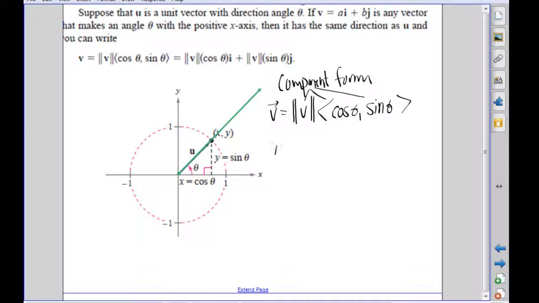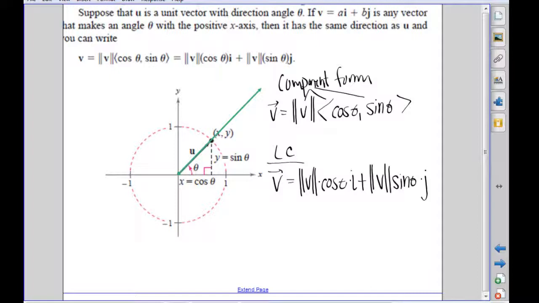As a linear combination though, vector v is equal to the magnitude of vector v times cosine of theta i plus the magnitude of vector v times sine of theta j. So again, knowing that vector v is in the form ai plus bj, your a value is the magnitude of vector v times cosine of theta, and your b value is the magnitude of vector v times sine of theta.